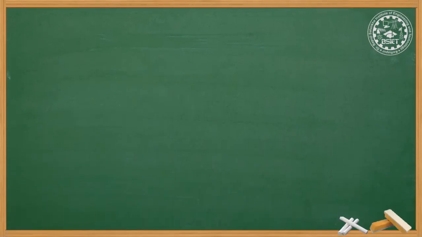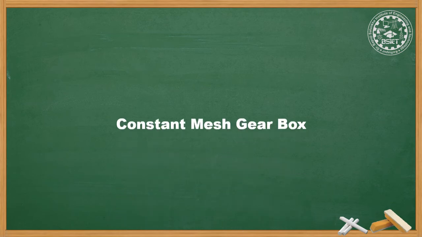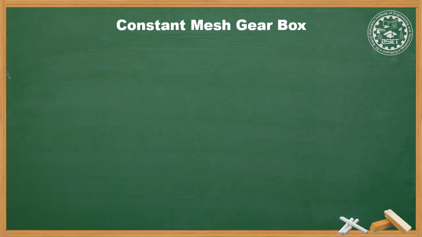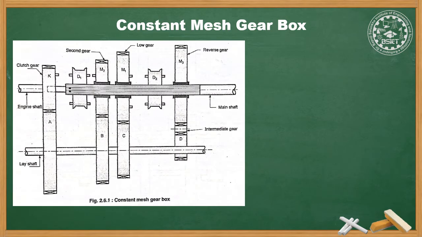The very first type of gearbox is constant mesh gearbox. As shown in the figure, in this type of gearbox, all the gears on the main shaft and on the lay shaft are in mesh, that is, the gears are constantly meshing. Two dog clutches are provided, namely D1 and D2.